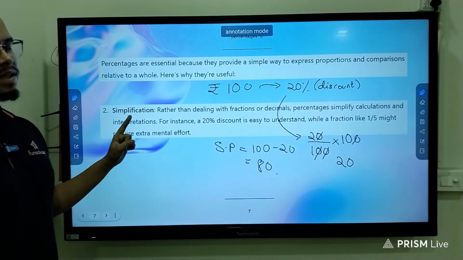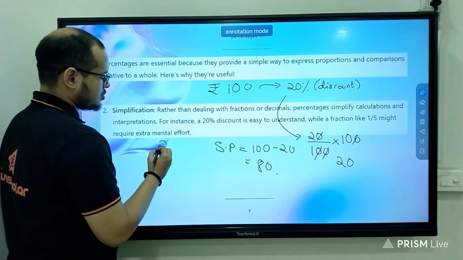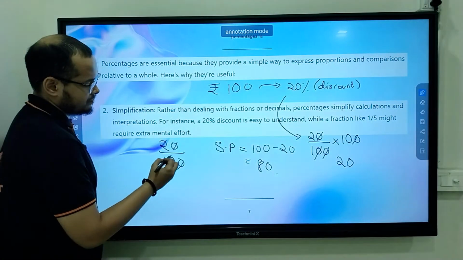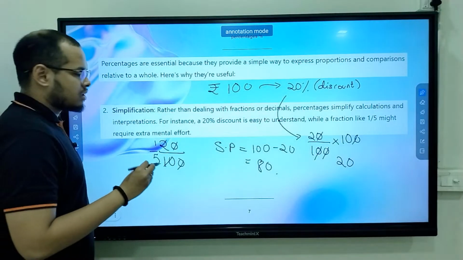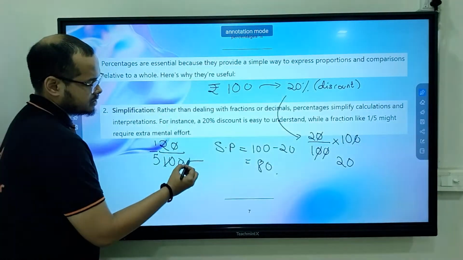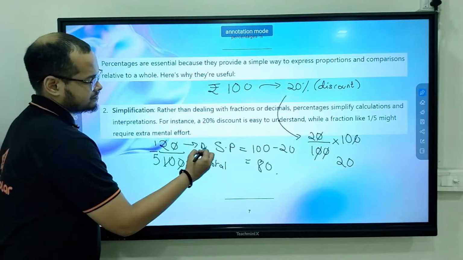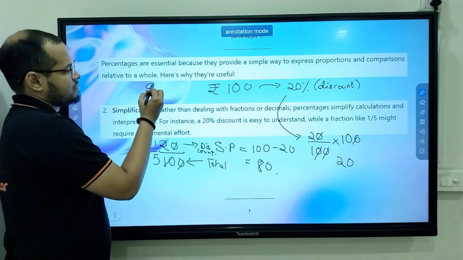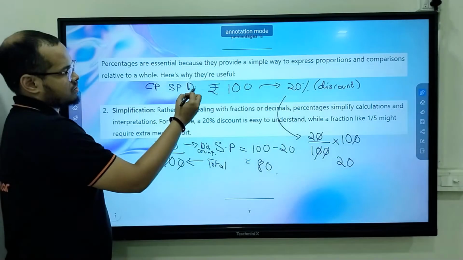Now we can solve this exact same sum using ratio, that is 1 by 5. 20 by 100 is 1 by 5. Out of the total, this is the discount. So CP, SP, discount.